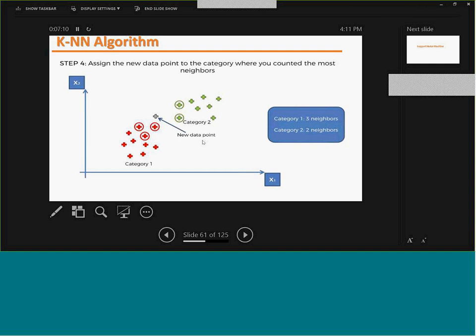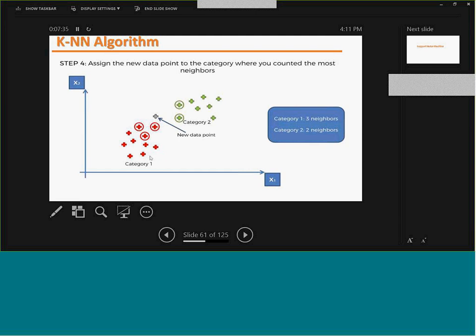Out of which we take a sum of the maximum number of data points which are near to this particular data point. So this one becomes 2, this becomes 3, and which one is closer to this one? It is this particular category. So it's very easy for us to identify that this plus sign, or this data point, will fall into category 1.